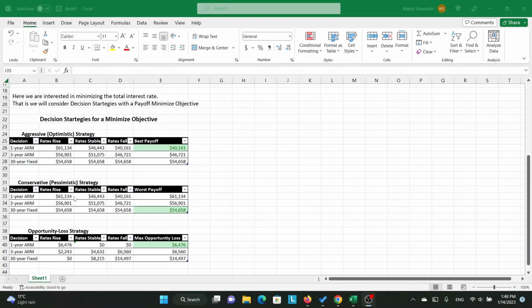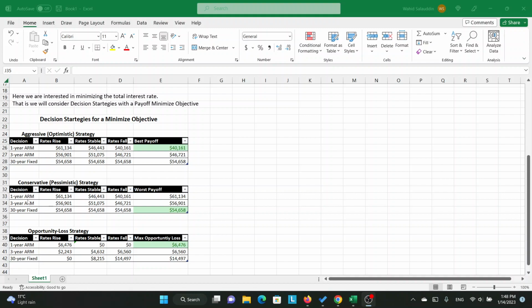Now let's look at the conservative pessimistic strategy. This strategy is actually the opposite of the aggressive optimistic strategy. Here, we want to minimize our risk. So what we're going to do is choose the worst case scenario in every single choice that we have.